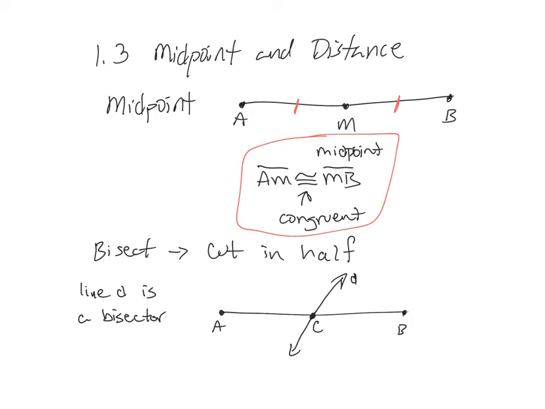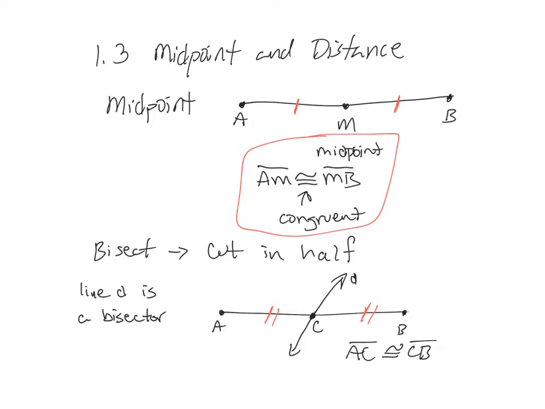Then you could conclude, it cuts it in half, that AC is congruent to CB. Or you could mark it like that. They could go the other way, doesn't matter. Just as long as there's one little slash mark, you could actually even have two, they just have to match.